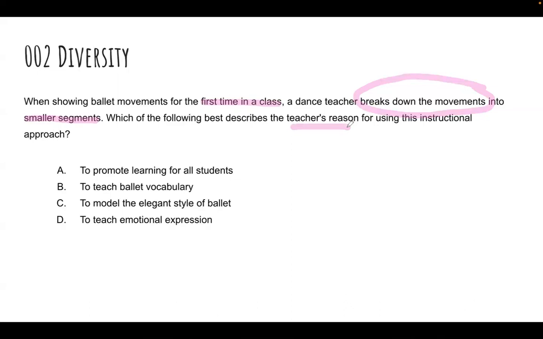To promote learning for all students, to teach ballet vocabulary, to model the elegant style of ballet, to teach emotional expression. What can we eliminate and bet ourselves $5? This is not the reason she broke down the movements into smaller segments for this first time. B, to teach vocabulary.